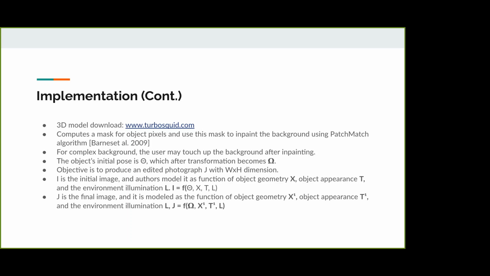So if the original image was I, it is a function of the original pose theta, the object geometry x, the appearance T, and the illumination L. And if J is the final image, the illumination should be the same. So the illumination model is the same L, but the object geometry is changed, which is unknown, and the object appearance is also changed. I have marked it with T1, and the illumination is the same, that is L. So we have J, which is a function of omega, x1, T1, and L.